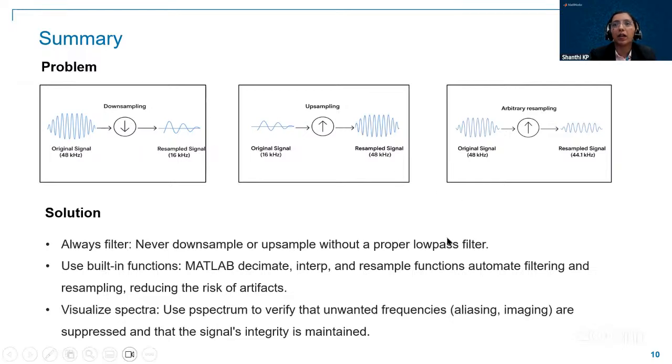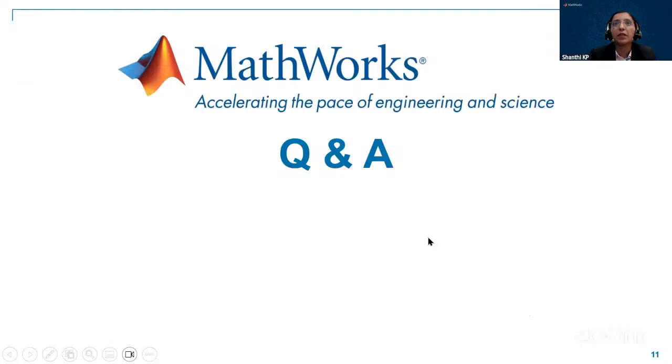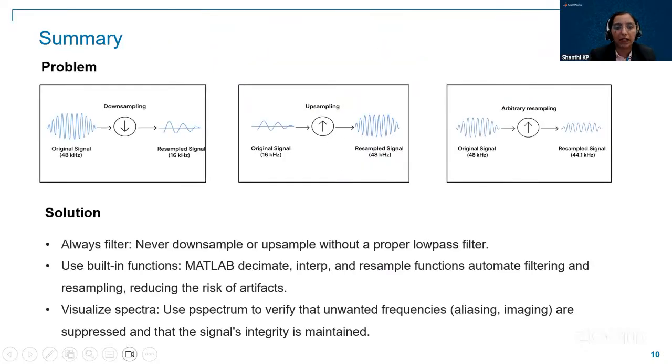And these were the observations at a high level: we always need to filter before downsampling and after upsampling. It's always recommended to use built-in functions in MATLAB like decimate, interp and resample to simplify the process and reduce the risk of artifacts.